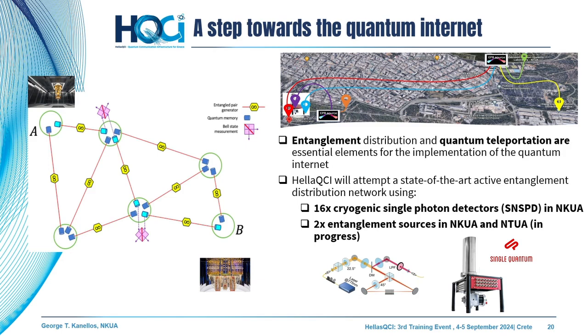Just to answer a question that was put online, no, the repeaters do not affect the quantum state. This is in fact the definition of the quantum repeater. The way that they do it is much more complex.